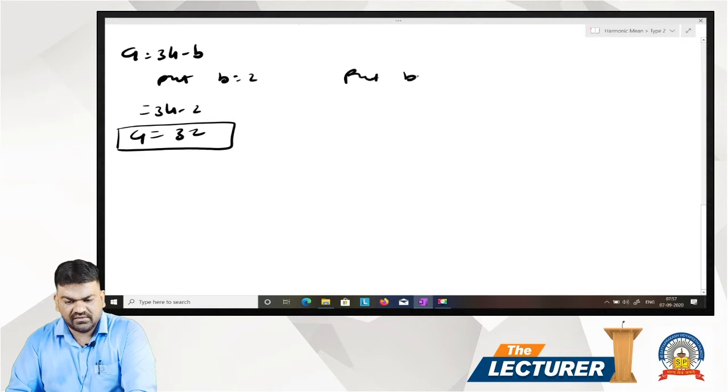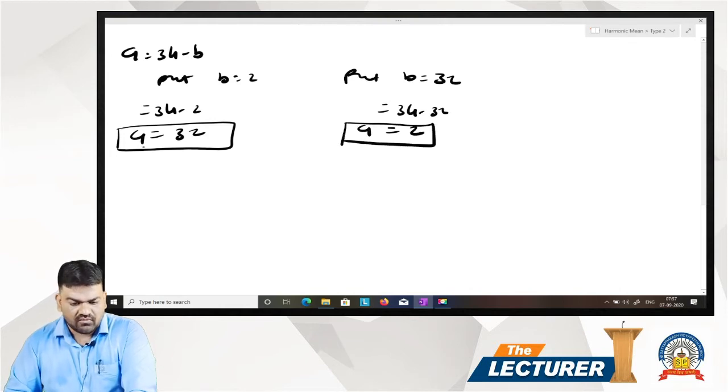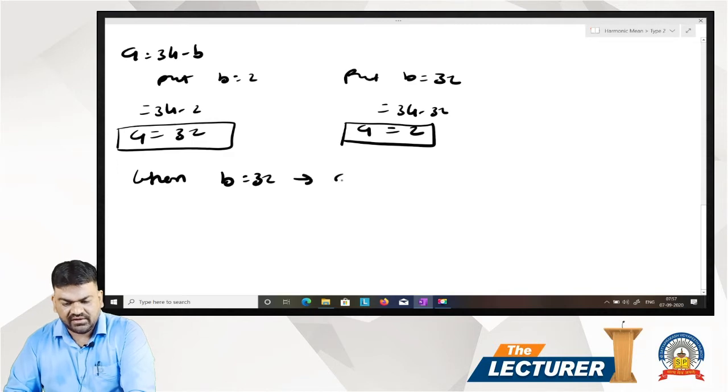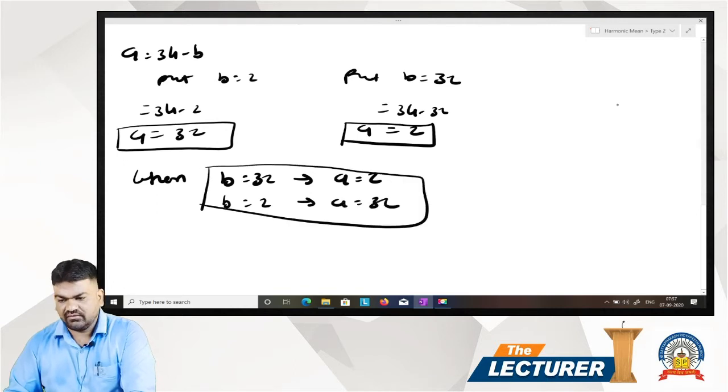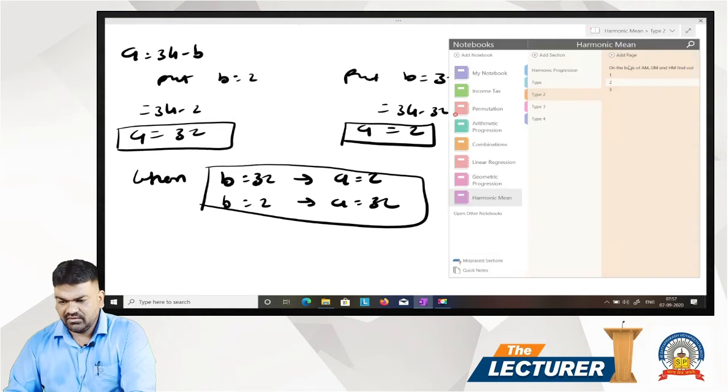Put B is equal to 32: 34 minus 32, 2. So when B is equal to 32, then A is equal to 2; when B is equal to 2, then A is equal to 32. This is your answer.